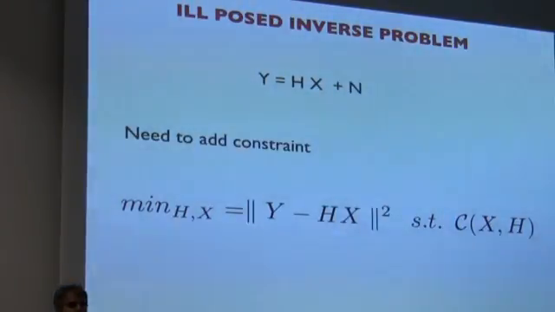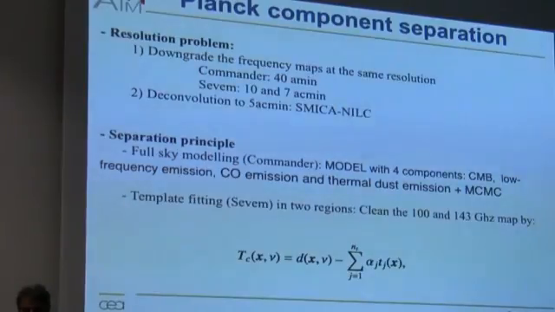So people have heard maybe about maximum entropy. This is a very old and famous method. It is a kind of constraint that can be put in order to solve this problem. So for Planck, how did they proceed in order to solve this very, very complicated problem? First, they had to deal with the difference of resolution. So there were two kinds of methods.